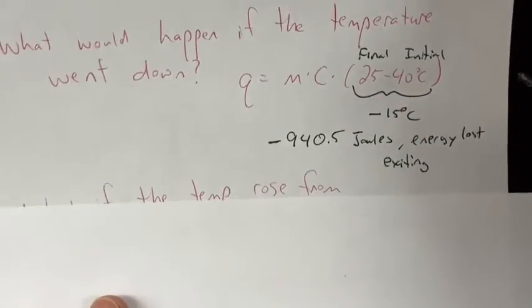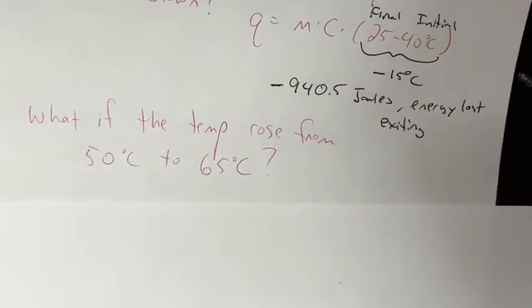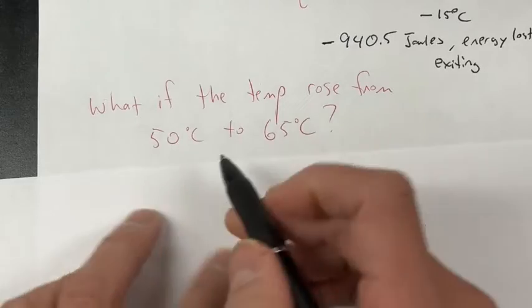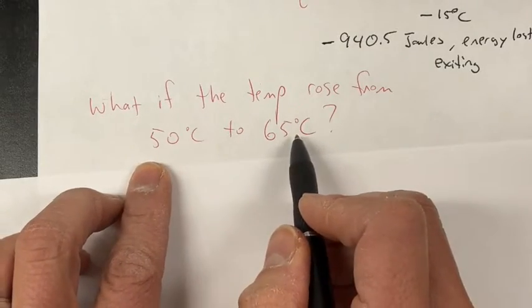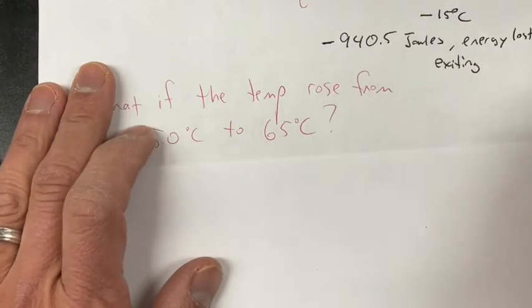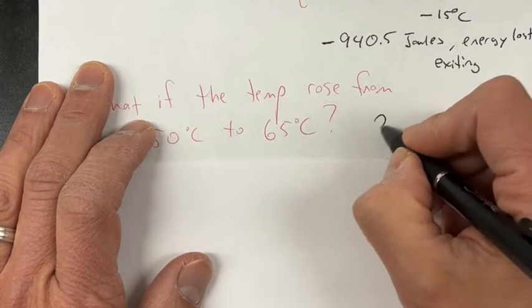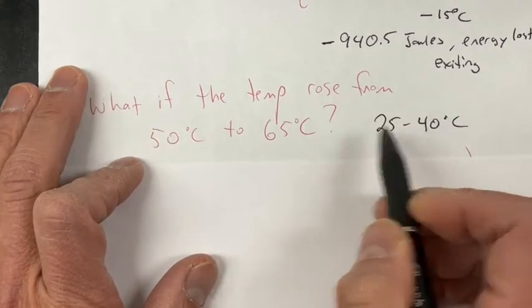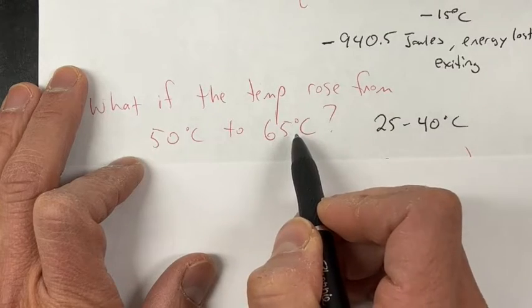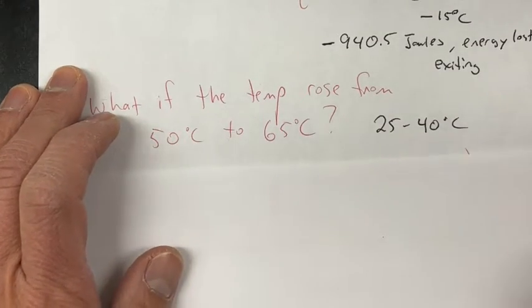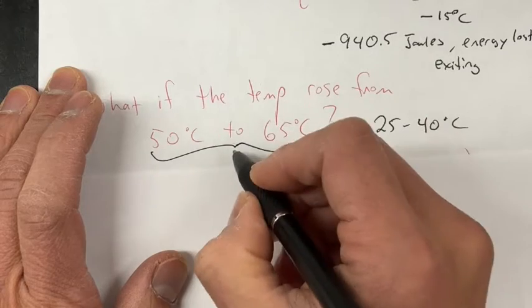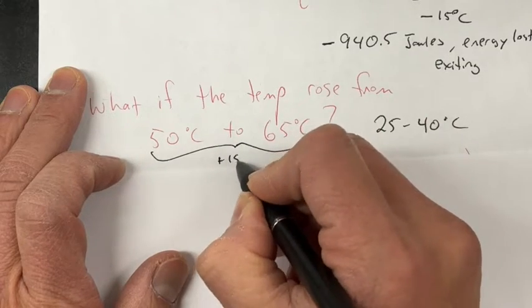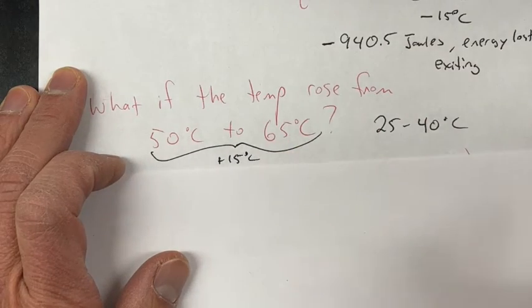And then what if I have a different temperature change? What if I go from 50 to 65? My first temperature change was 25 to 40, right? So if I go from 50 to 65, is that going to make a difference? Well, this here is still plus 15 degrees Celsius.